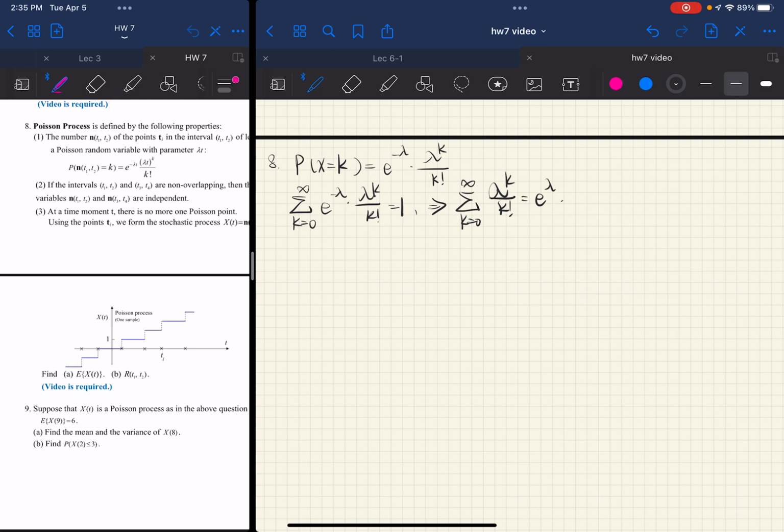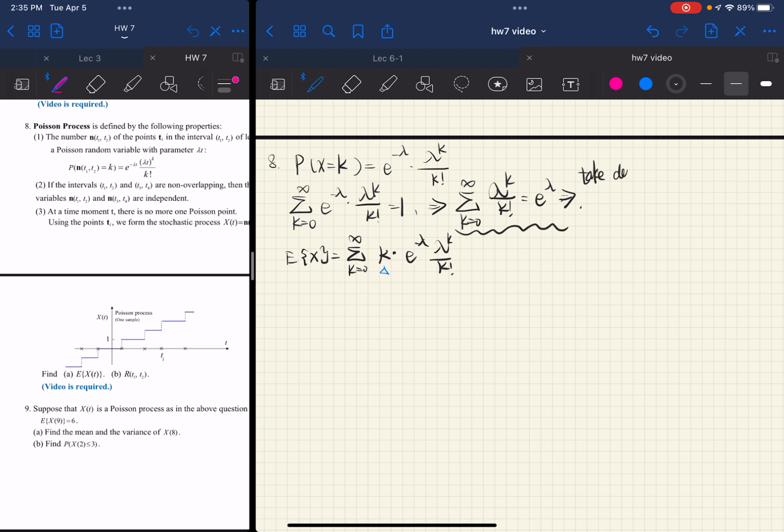To calculate the expectation, we have to know the summation from 0 to infinity of k times the formula of the distribution. So how do we obtain this k here? We just take the derivative of this formula on both sides.